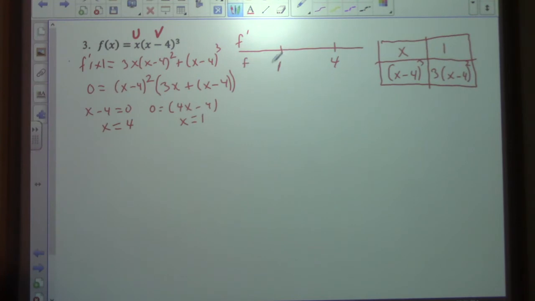If we have a number less than 1, and this thing here is always going to be positive, right? Where it's not 0, it's going to be 0 here, but everywhere else positive. So if we have a number less than 1, is that going to be negative or positive? That's going to be negative, because we have a negative times a positive.